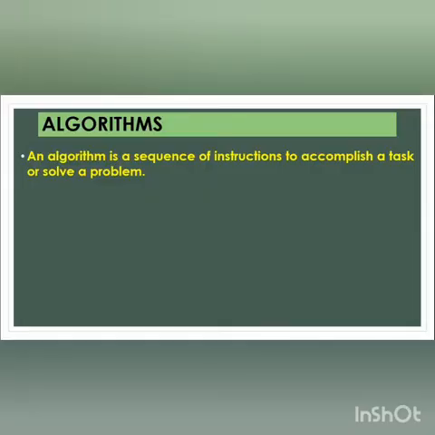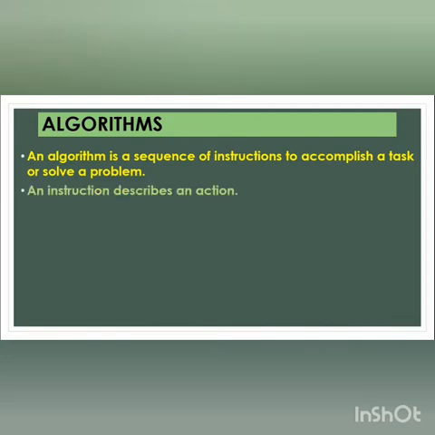An algorithm is a sequence of instructions to accomplish a task or solve a problem. So, an algorithm is a step-by-step procedure to complete a task or to solve a problem. Here, sequence means one by one, and the instruction describes an action, what steps are to be performed and how the steps are to be performed to solve a problem.